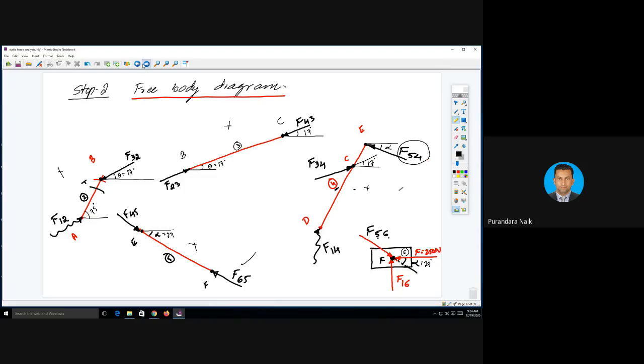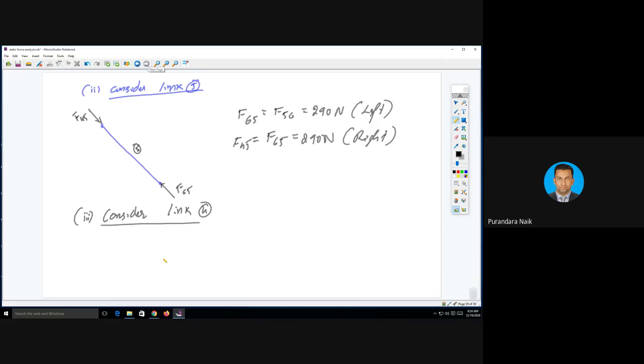Okay, so I'll draw the freehand sketch once again. There are 2 forces. One is F34, another one is F45. This is F54, right? Next is the bottom one.